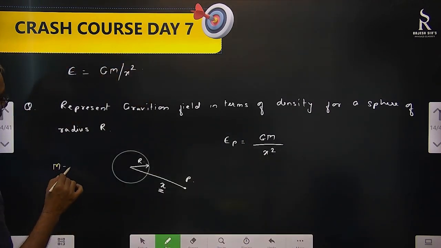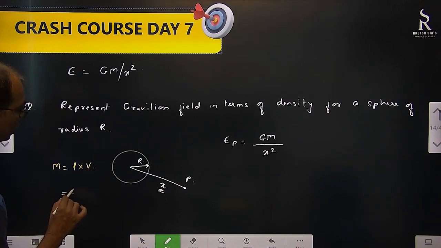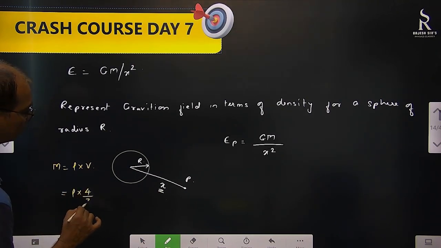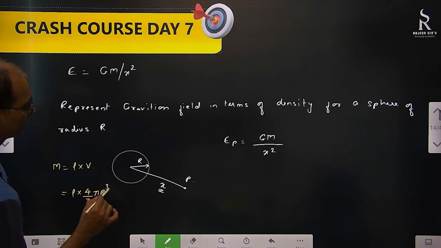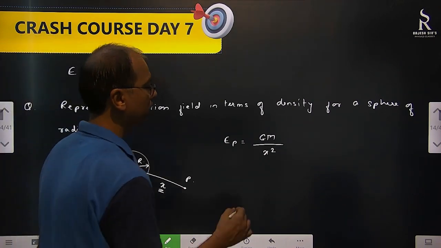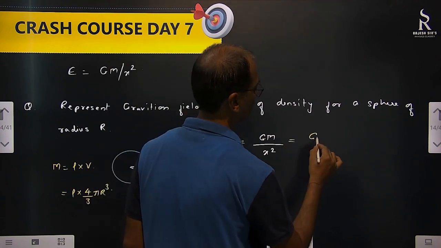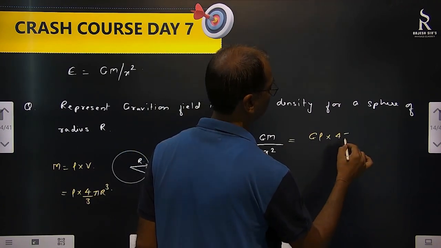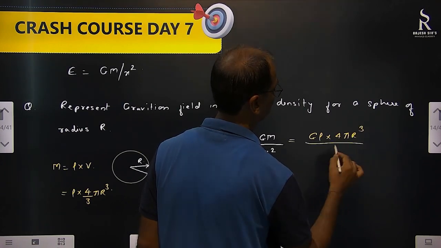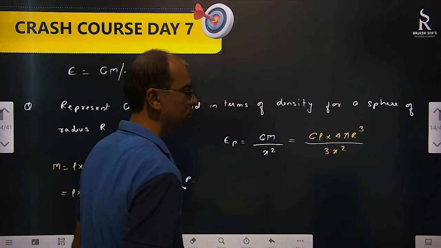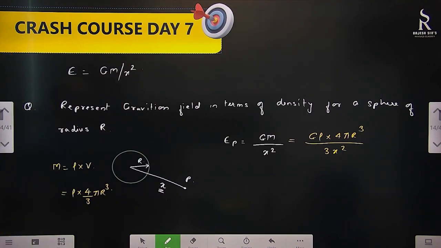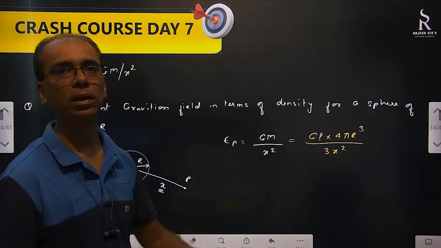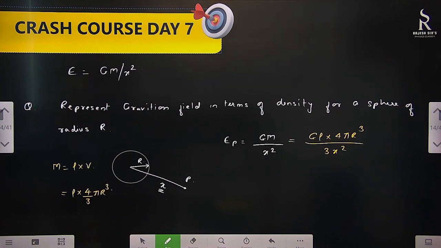Mass is density into volume. Considering density as rho, you write rho into 4 by 3 pi r cube. Putting that in, we get G into rho into 4 pi r cube by 3x square. So this is the gravitation field written in terms of density for a spherical object.